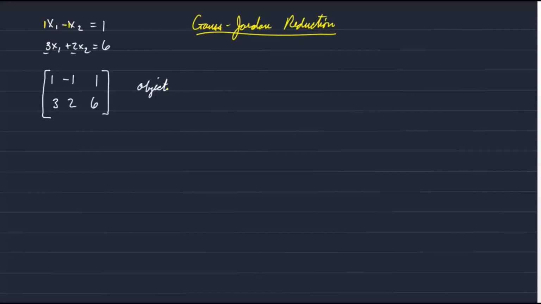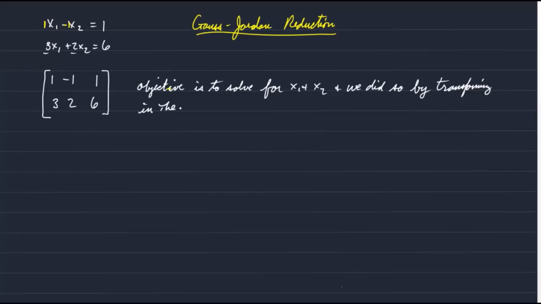Our objective is to solve for x1 and x2, and we did so by transforming the system, by doing elementary operations, into the form of x1 plus 0 is equal to 8/5, and 0 plus x2 is equal to 3/5. That's how we solved our system.